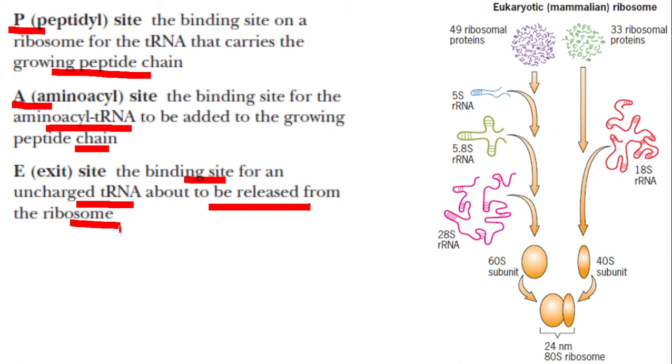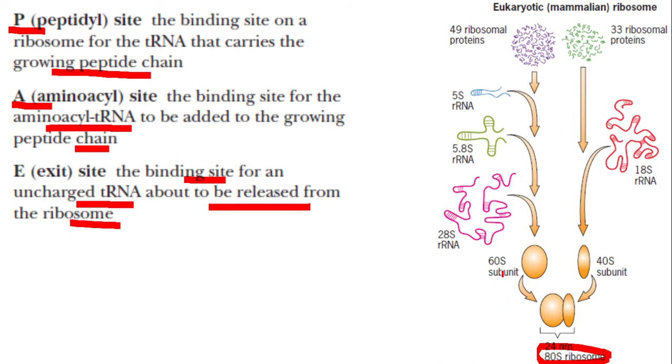On the right side, you can see the figure in which the various components assemble together for the formation of the final ribosome. This is the 80S ribosome, which means it is in the eukaryote. Remember, the prokaryote ribosome is 70S, this is the 80S ribosome, but the assembly is more or less similar.